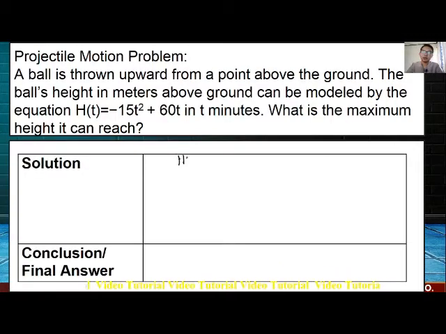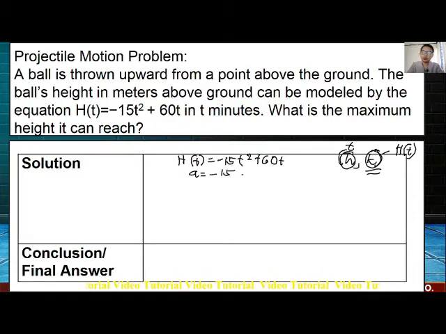So for the values of h and k, let us proceed with our solution. Let us copy first our working equation. H of t equals negative 15t squared plus 60t. The value of h will be the time or t. And then for the value of k, this will be h of t or the maximum height. So we are going to find out k. Using the formula, let us list down a, b, and c.